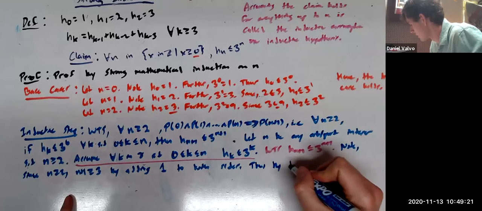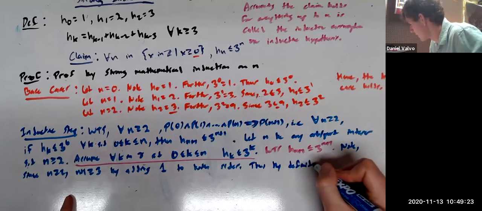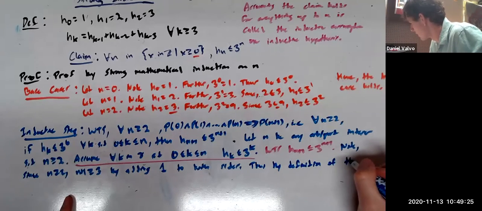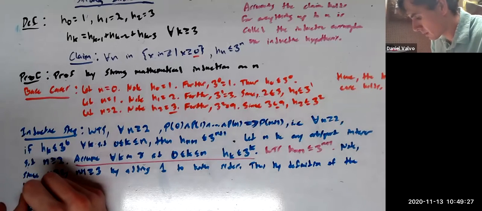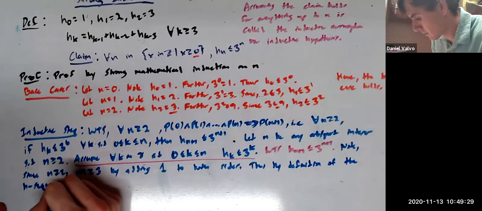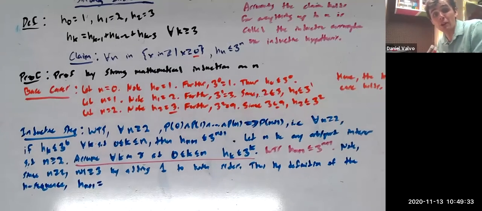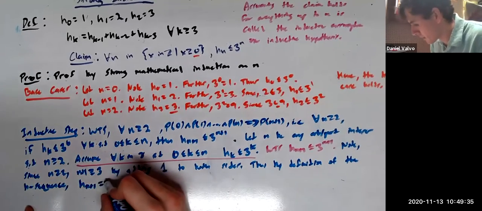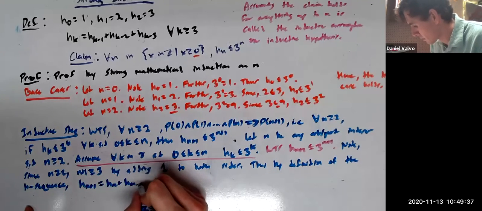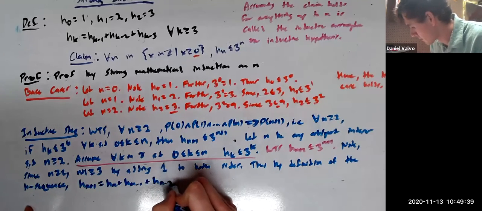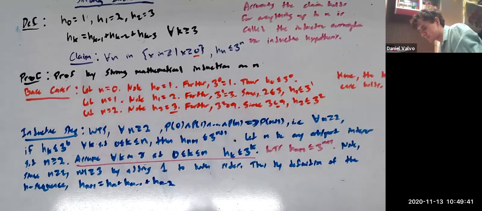Thus, by definition of the H sequence, H of n plus 1 is going to be the sum of the three previous terms. So it's going to be H of n plus H of n minus 1 plus H of n minus 2.